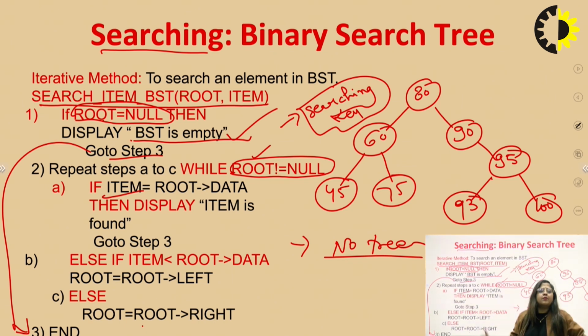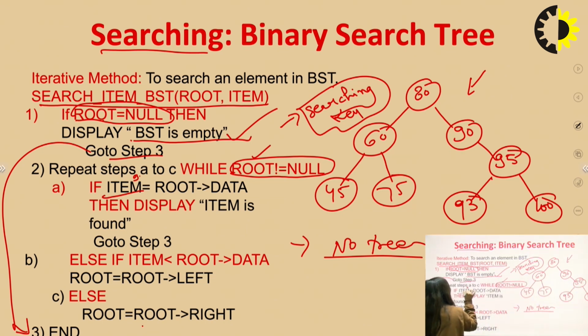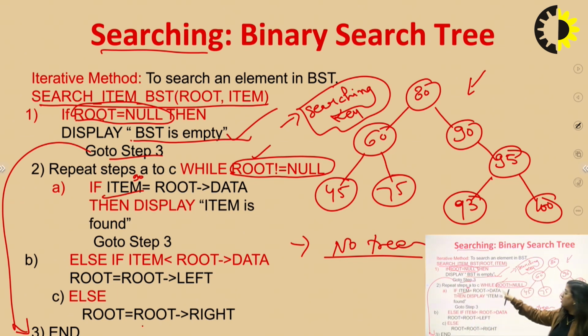Let's suppose you want to search 90 from this given BST. So the item is 90. Check it against the root data. Root data is 80. If 90 equals root data? No. So it comes to here.